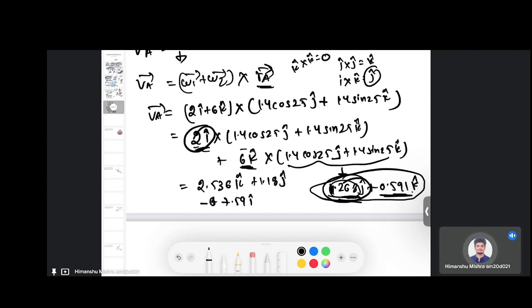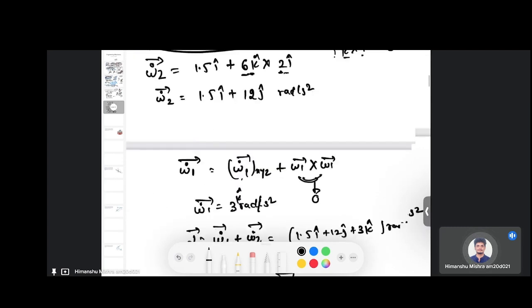So this will be minus actually, because k into i will be minus. So this also will be minus j. So this is your velocity of point A in meter per second. So you can see it's pretty much simple to use the vector notation.